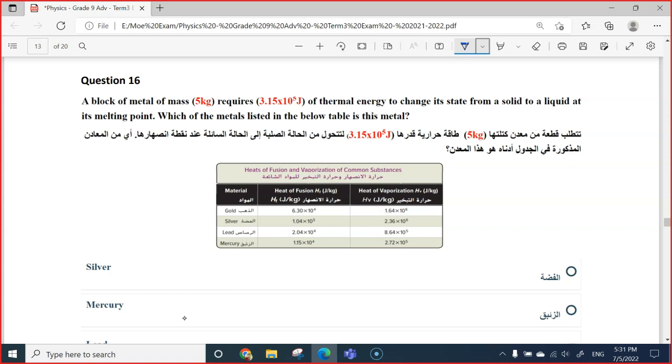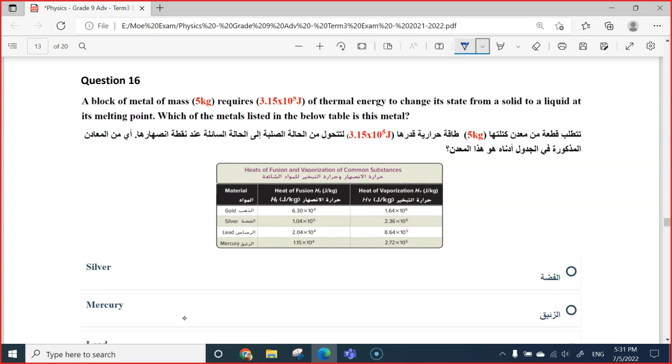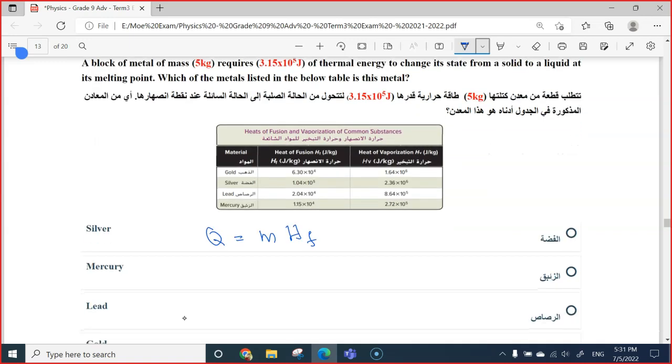So we know the equation to calculate heat of fusion: Q is equal to mass multiplied by HF, where HF is the heat of fusion. So in this question we need to calculate heat of fusion, so I will rewrite this equation: HF, heat of fusion, is equal to Q divided by M.